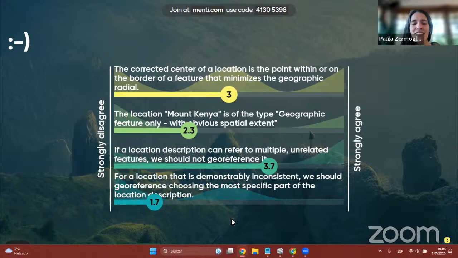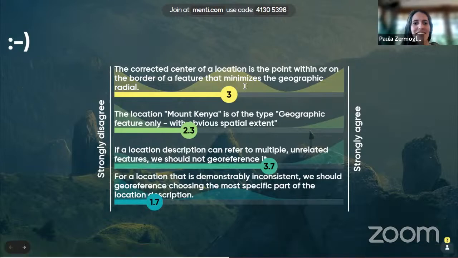So it's interesting that for some of them we don't either agree or disagree, but we're in the middle. So we're going to have fun with this exercise.